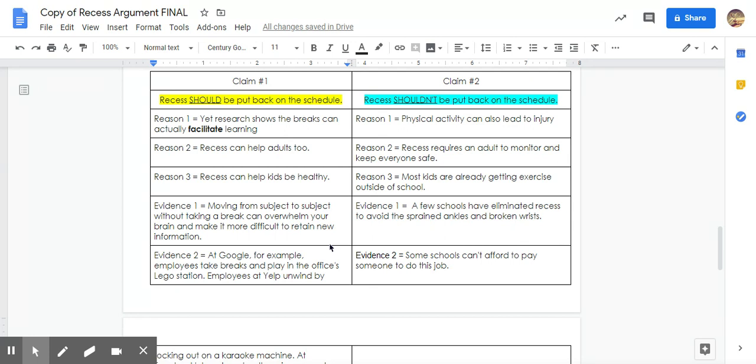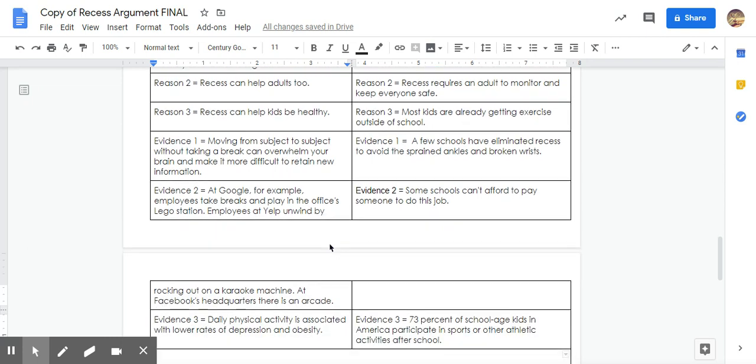I think that's because they had the quotes from the doctors about how the brain works. They also had some of the health benefits in there of how it helps to decrease depression and childhood obesity. So those are obviously really important issues. And then lastly, it's backed up with those examples of how it benefits even adults. So when we compare the 2, I would say that claim 1 is the stronger claim.